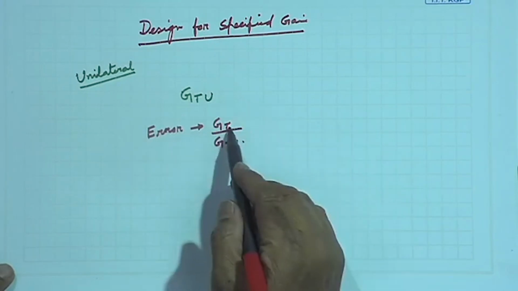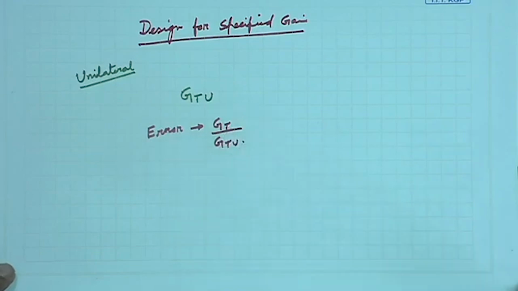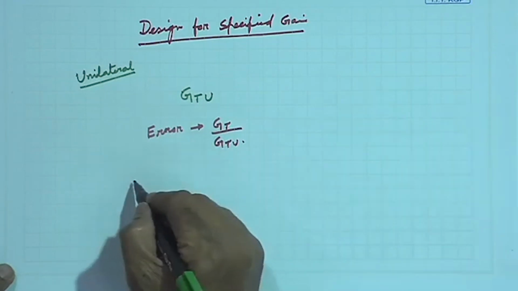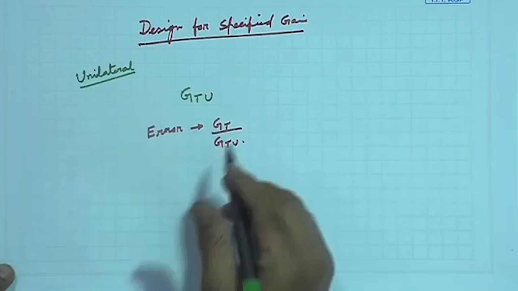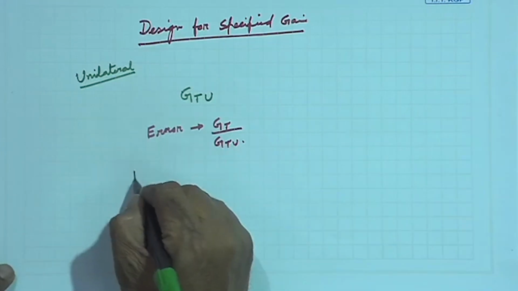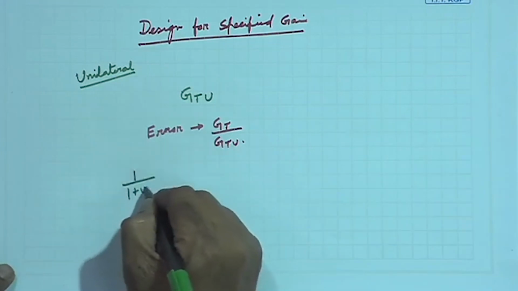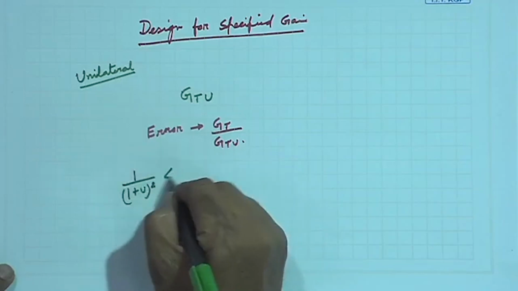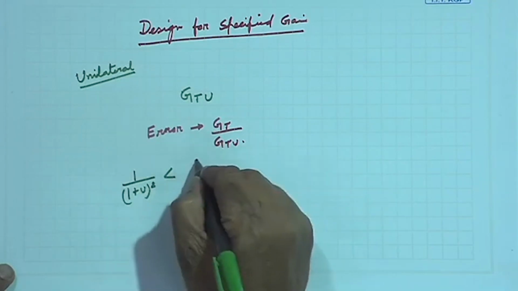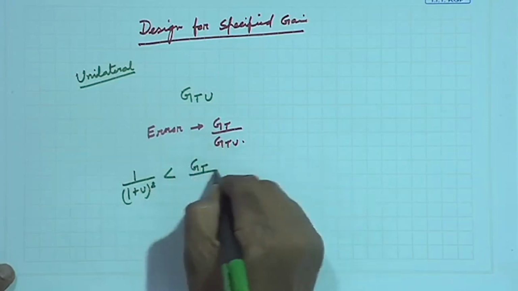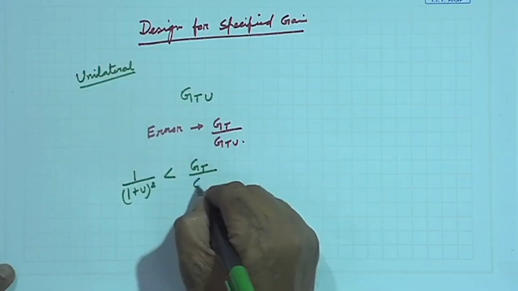So, GT is my actual thing, GTU is my approximation. People have shown that this has both a lower bound and an upper bound that can be expressed by a parameter U. It is a unilateral figure of merit.